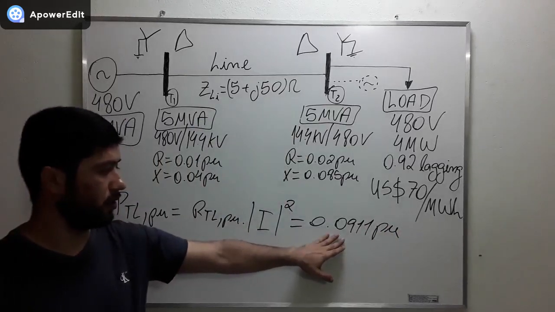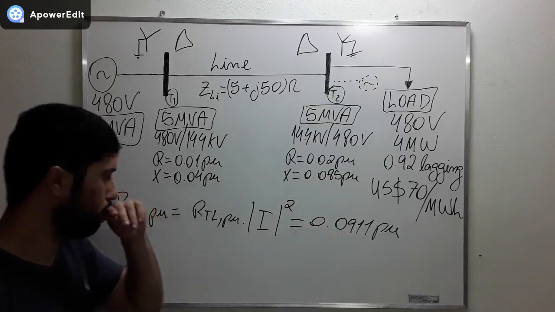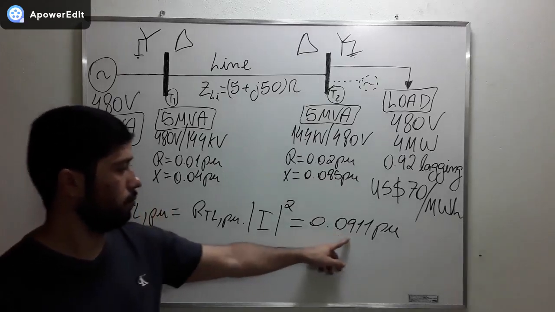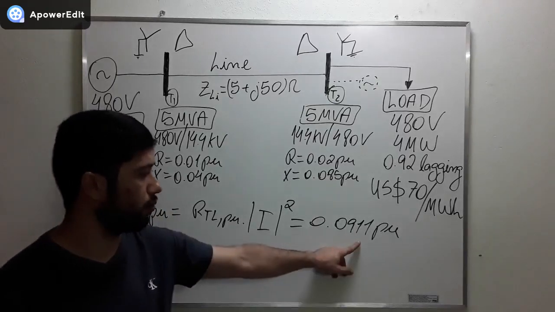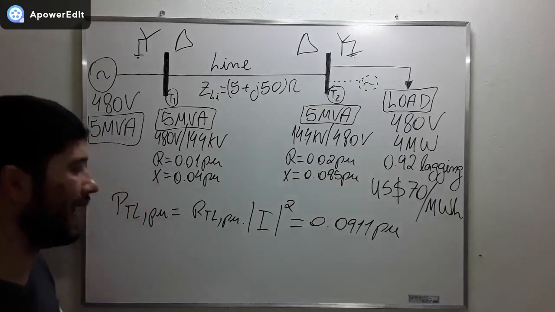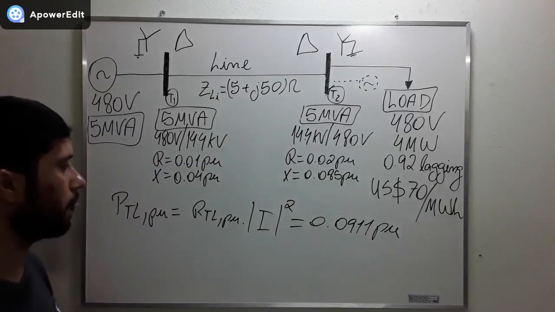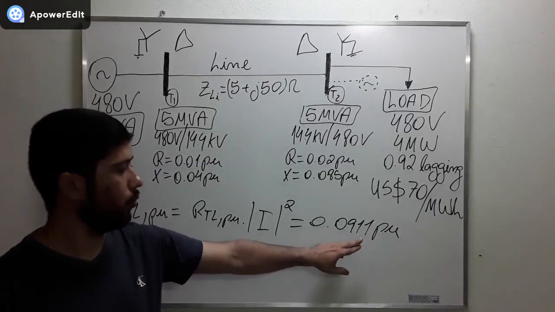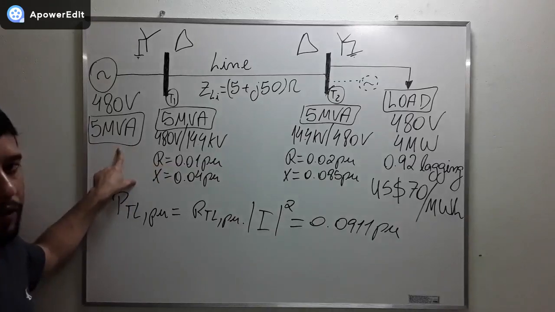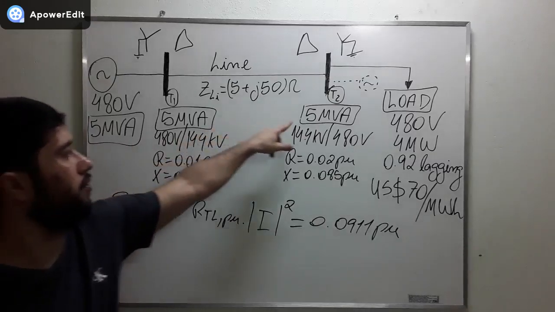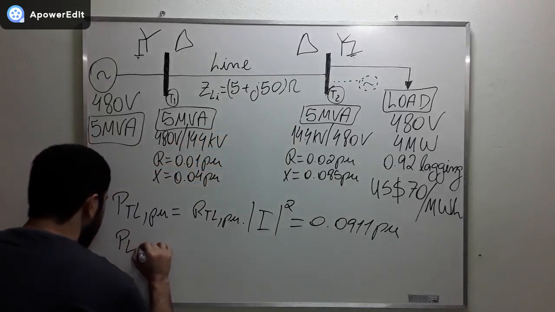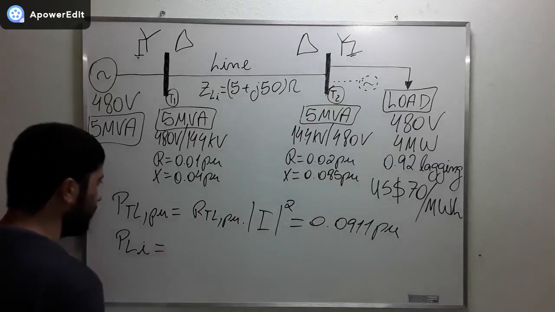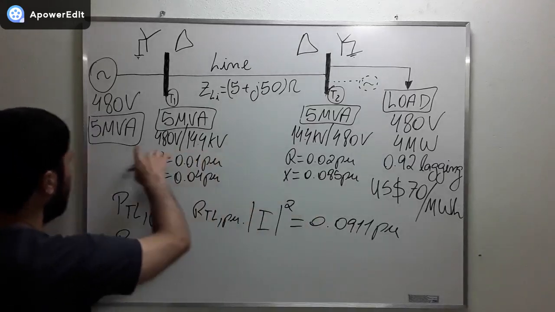But this doesn't tell us much. We are losing in per unit. What we need to do is to convert PU to watts to see how much power we are losing. How do we convert? We take this value multiplied by the base value, okay? This is the base value for the power, and then the power lost in the transmission line is going to be equal to this multiplied by this.